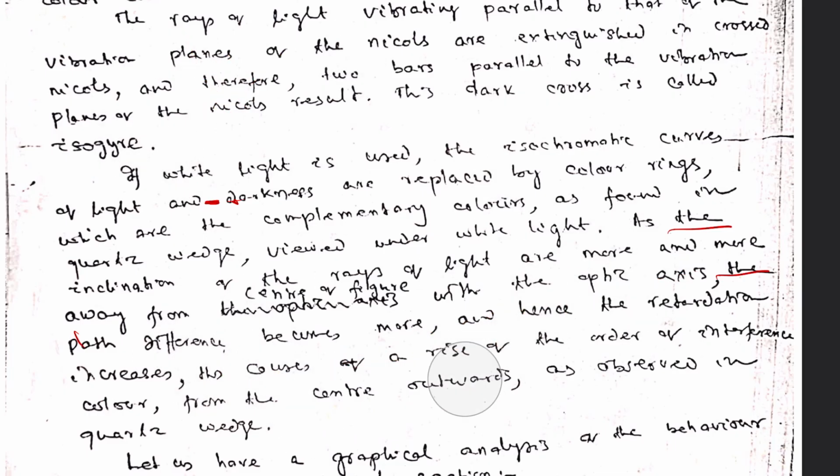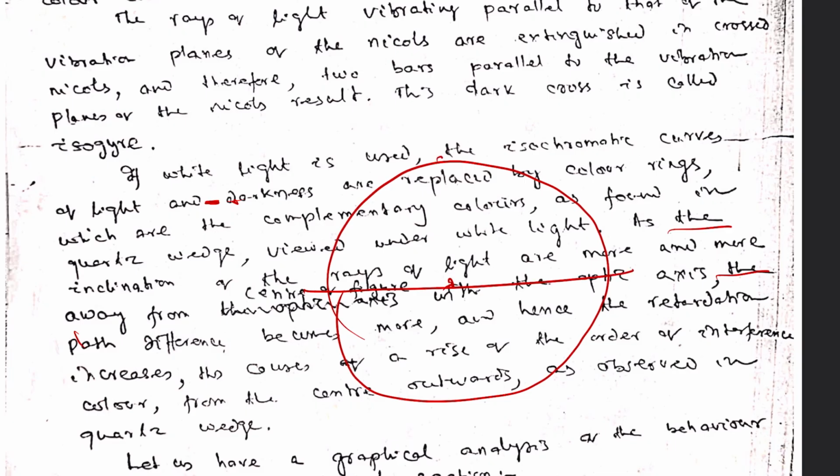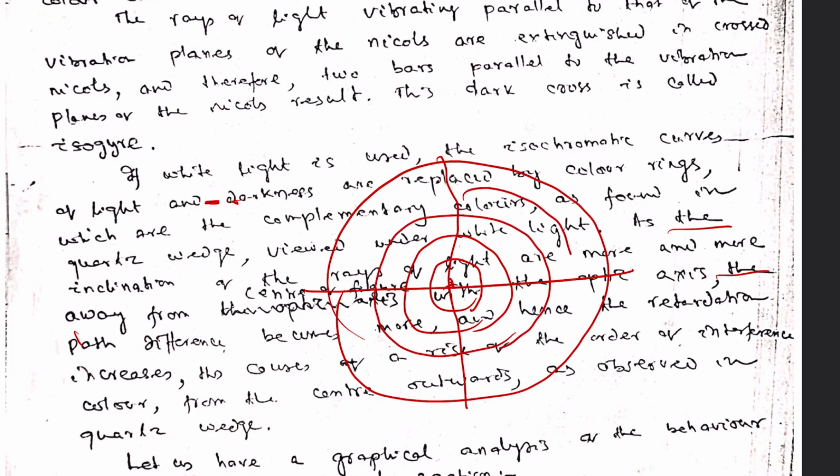in this interference figure from the center outwards. So this is the dark cross, which is the isogyre. These are the colorings. The path difference gradually increases. The further the ring from the center, the higher is the order of interference color. So this will be higher order interference color, this will be lower order interference color, and this will be intermediate order interference color.